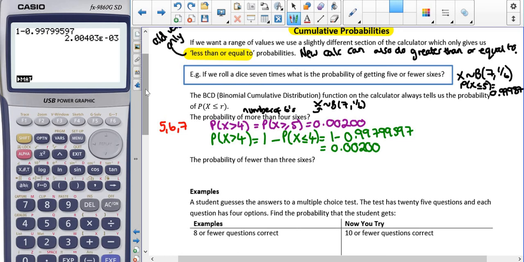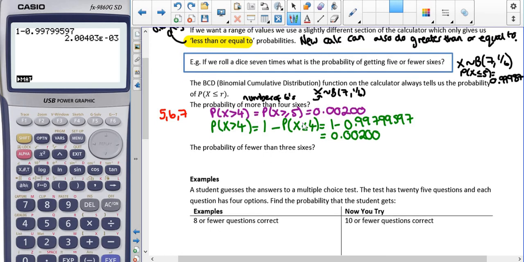So just looking at another quick way of how we change things. So that's if it was a greater than. If it was the probability of fewer than 6 6s, so we're looking at the probability that x is less than 6, so that easily changes to the probability of x being less than or equal to 5.